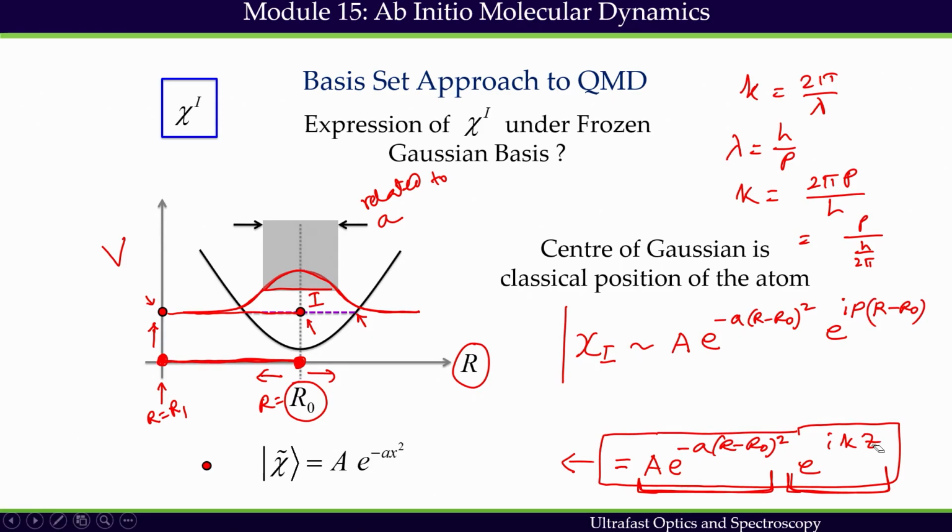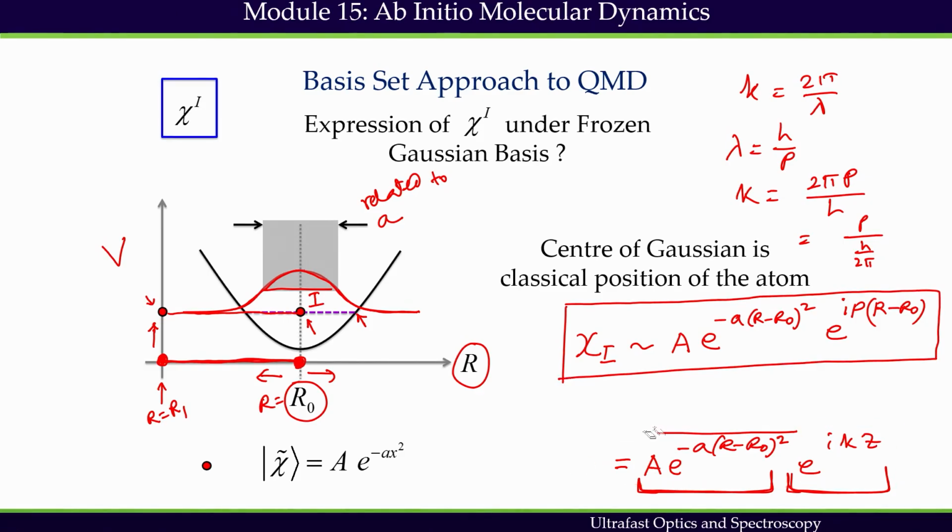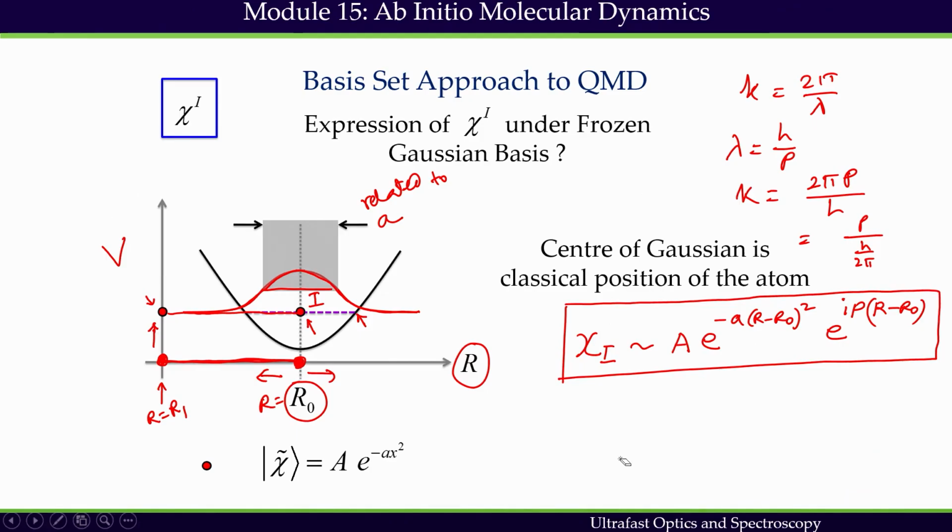The z is nothing but the distance, and that can be represented by this. So the final expression for a traveling Gaussian for a particular nucleus is going to be this. The first component represents the Gaussian part, and the other represents the propagating wave part, the matter wave part.